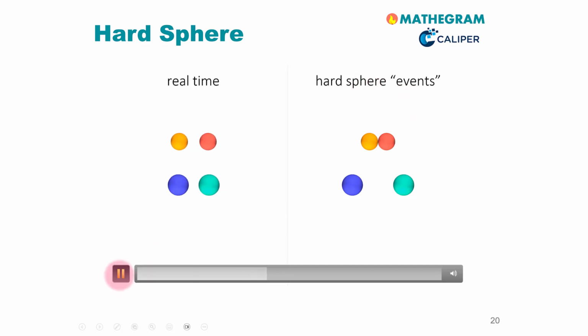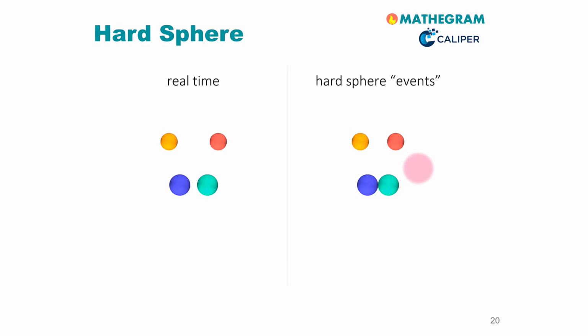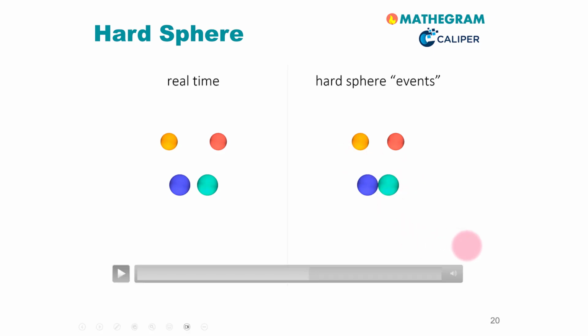Again, for the lower particles, you see here we, at the collision event, essentially change positions and velocities. And of course, we also need to do that for all the other particles. However, we are not so much interested in what happens in between these collision events with the hard sphere method.